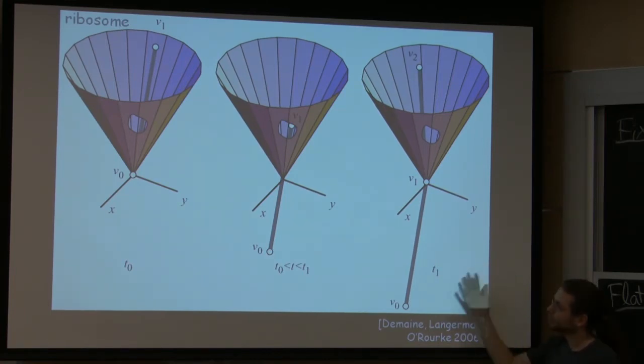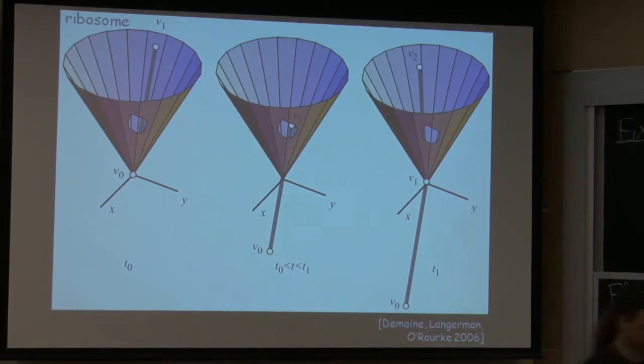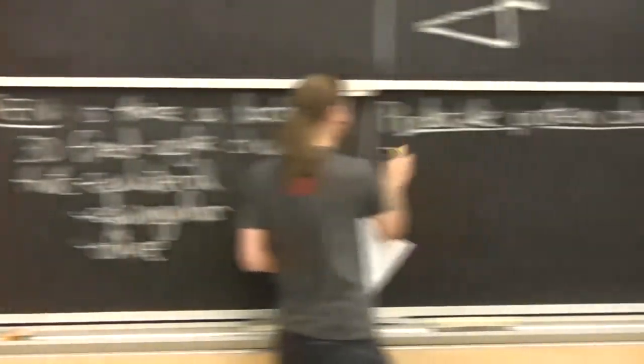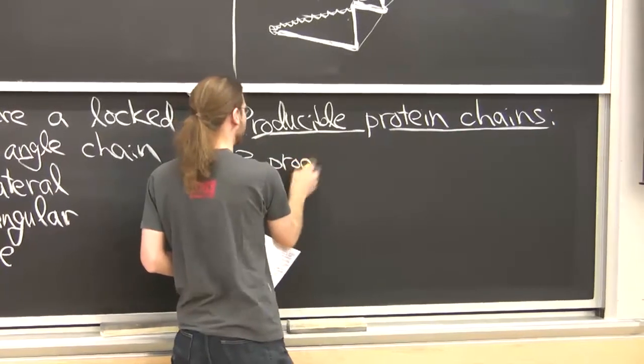So that is a model of producing protein chains. And if you have a cone of angle alpha, we call this an alpha producible chain. For whatever reason, we often call it a beta producible chain. Just change a variable.